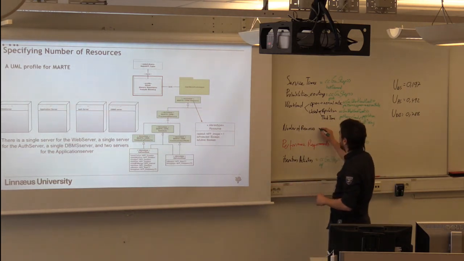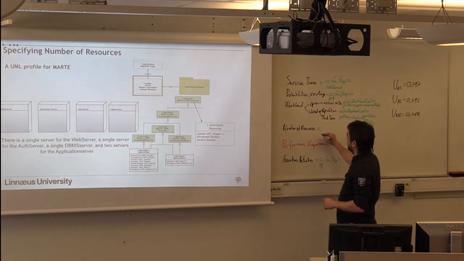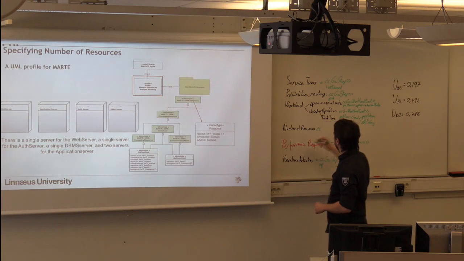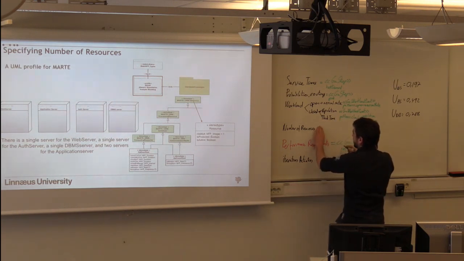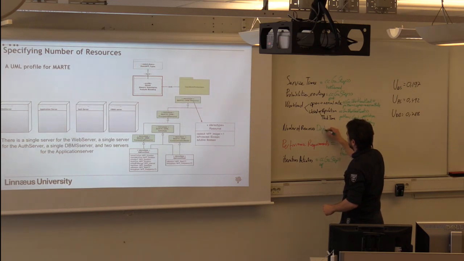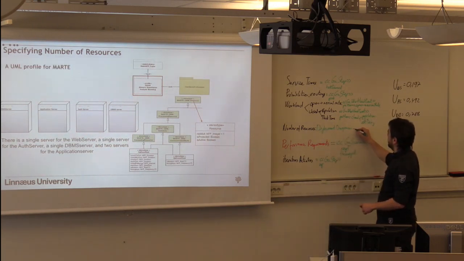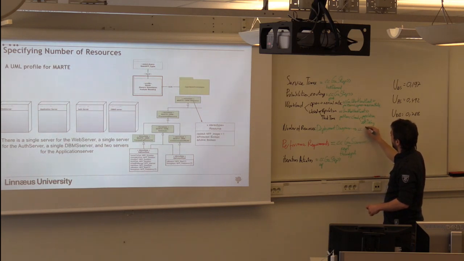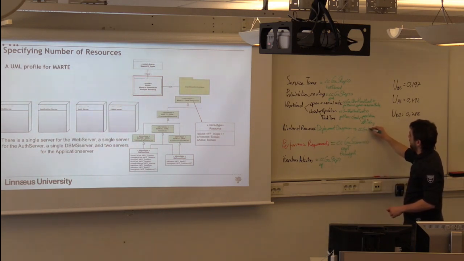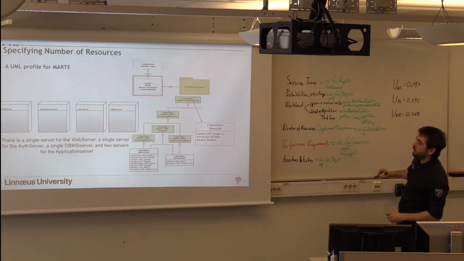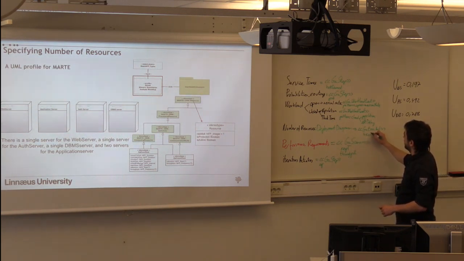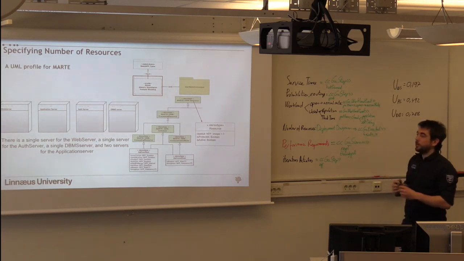So for the number of resources in the node, in the device, first deployment diagram. And then in the node, we use the stereotype GA exec host, and we use the tag from this stereotype resmult, resource multiplicity.